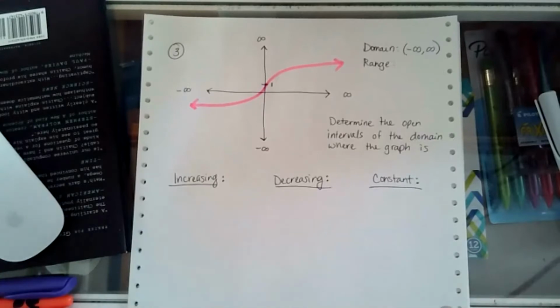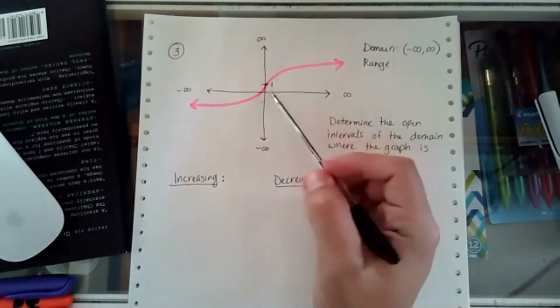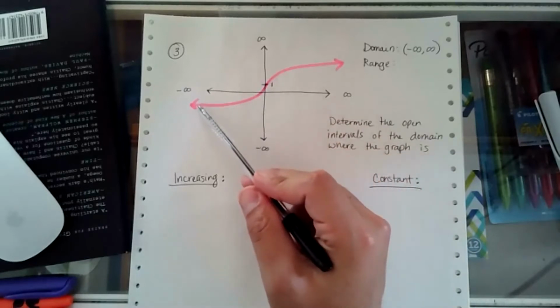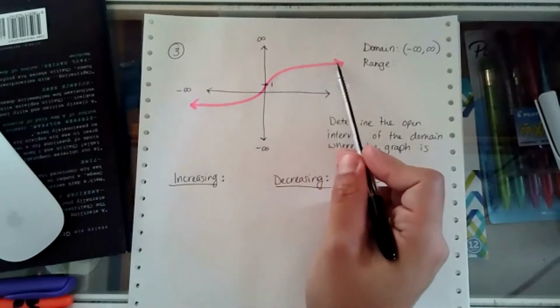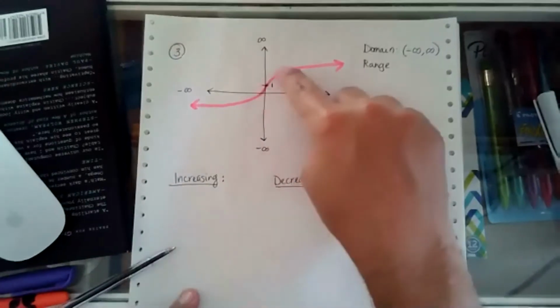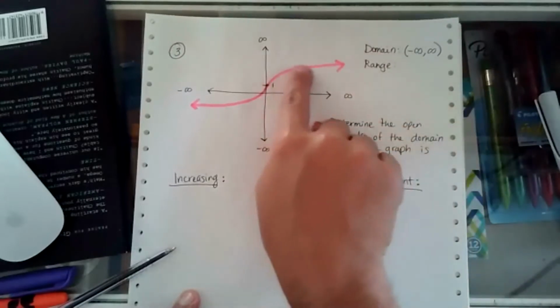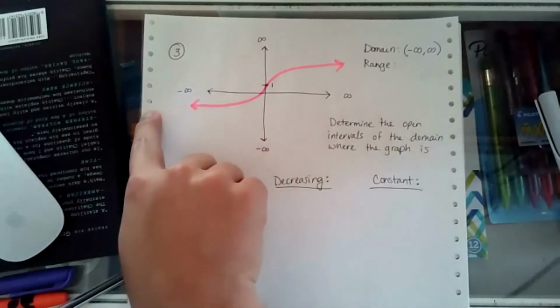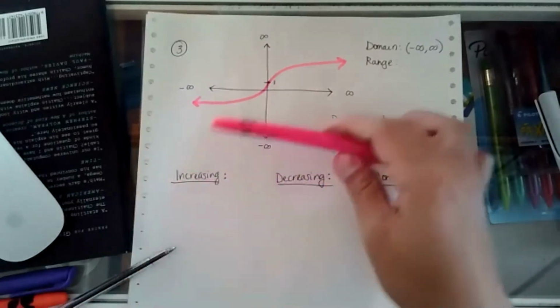The range is a little bit harder to see, I think, especially the way I drew this graph, because it looks like it's flattening out a little bit, right? Or it looks like it's flattening out up here. But if I had drawn this a little bit better, maybe I would have been very explicit. This is going to continue going up, but gradually. And to the left, it's going down gradually. So you could think about it like this.